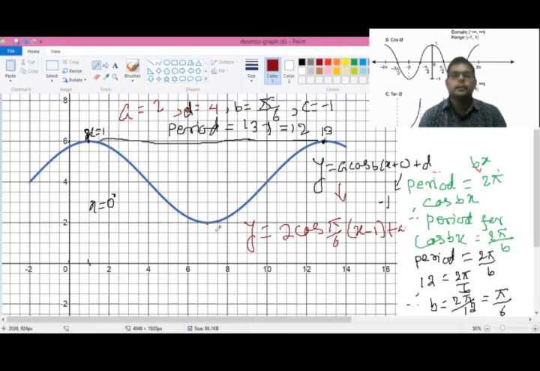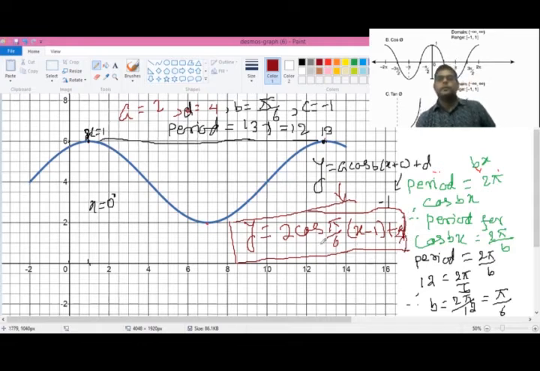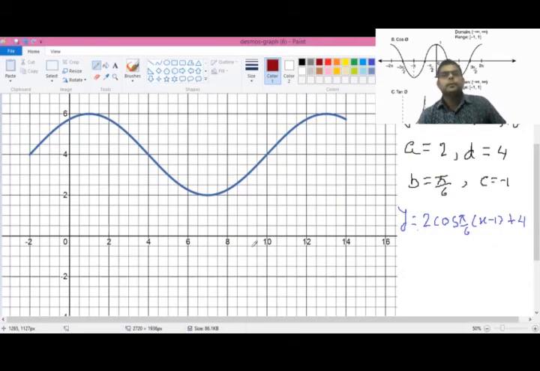So from the graph we saw that one of the equations for this curve is y = 2 cos(pi by 6 (x minus 1)) plus 4. Therefore, if you consider this graph to be a cosine function, the equation of our periodic function is like this.